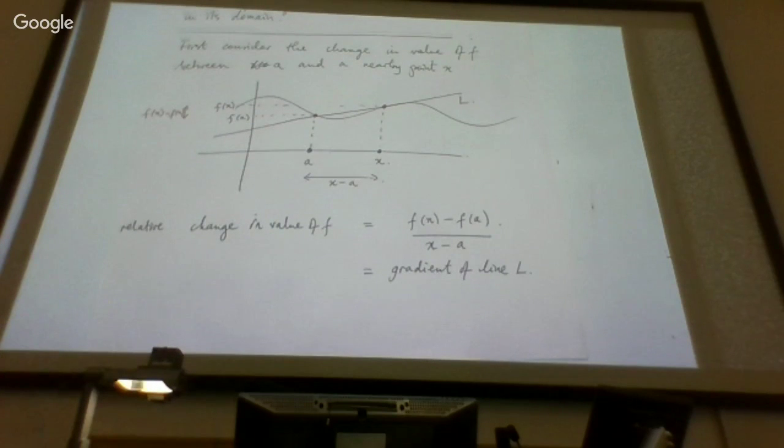So this straight line which joins the 2 points a, f of a, and x, f of x, is a kind of first order description of the change in value, or what's happening to the function between these 2 points.